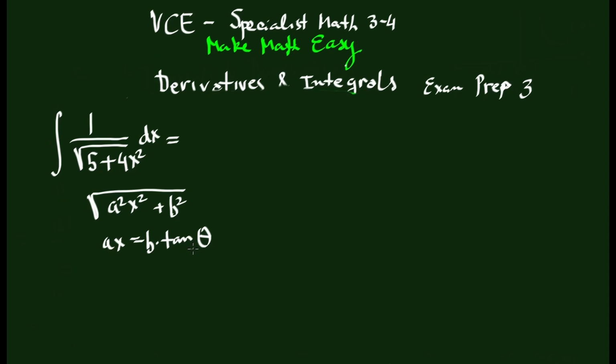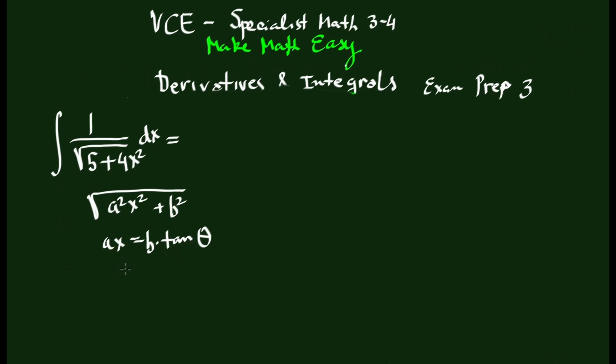So where are we heading? We are heading to getting 1 plus tangent squared, and that will get secant squared, and then this root and that secant squared will be nulled.